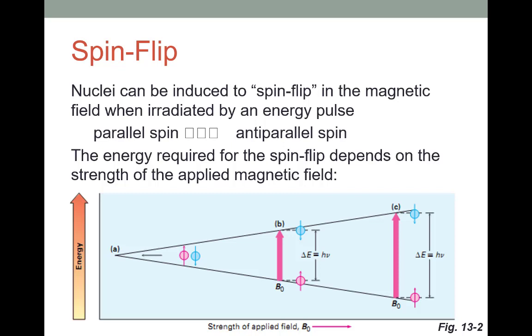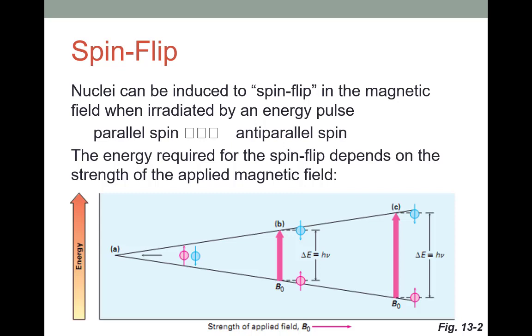What this diagram is meant to indicate is that as the strength of the applied magnetic field, the strength of the instrument's magnetic field, gets larger, the energy required to offset that also becomes larger, by an equation that maybe looks familiar from some of the discussions you've had in the past.